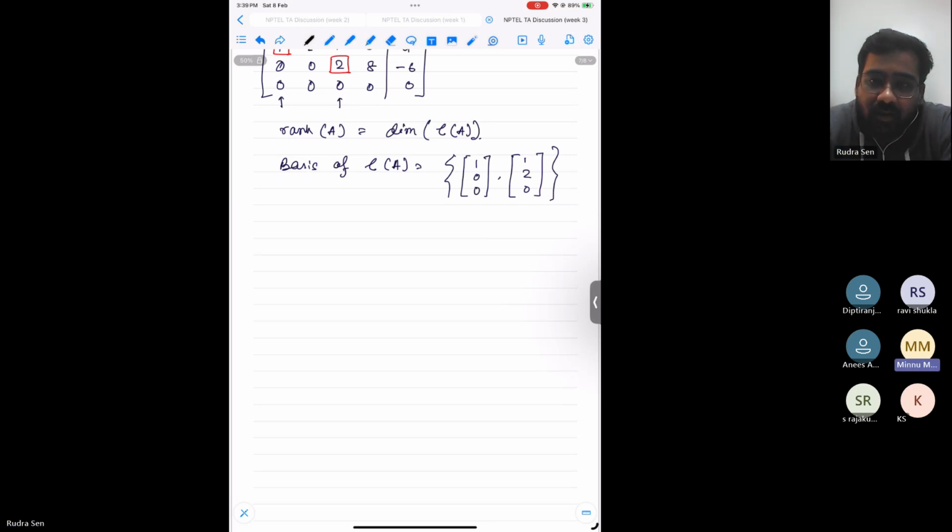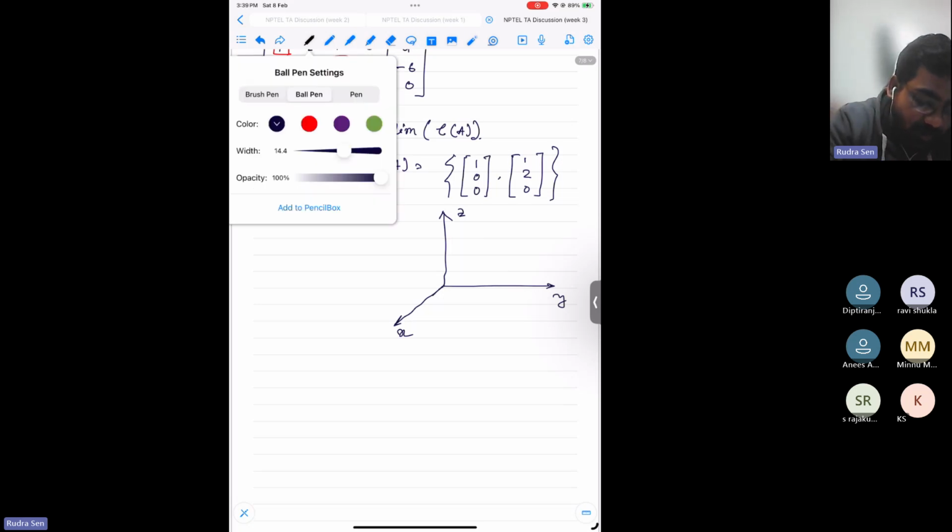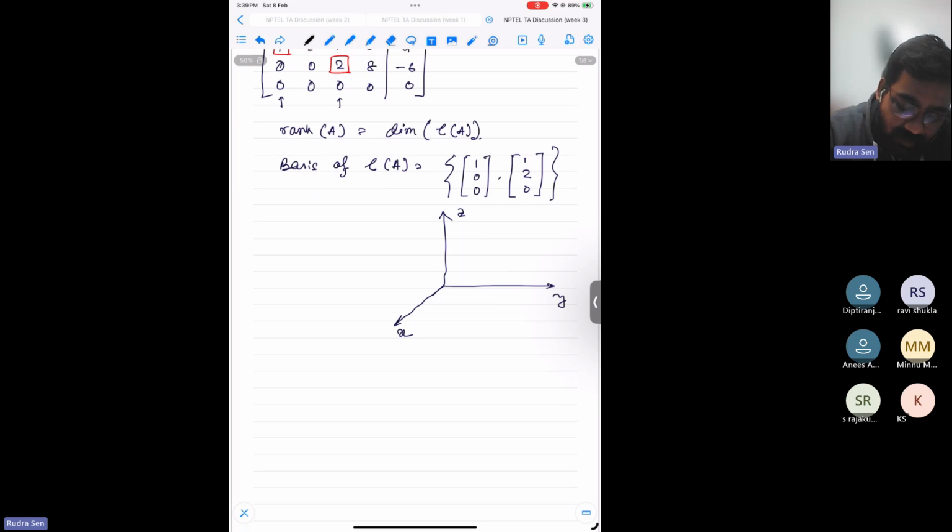That means you can consider it as being in 3 dimensions, but the z element is always 0. So all the vectors lie in this xy plane, in this whole xy plane.